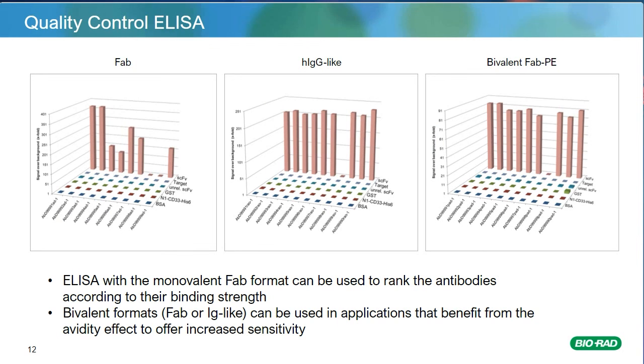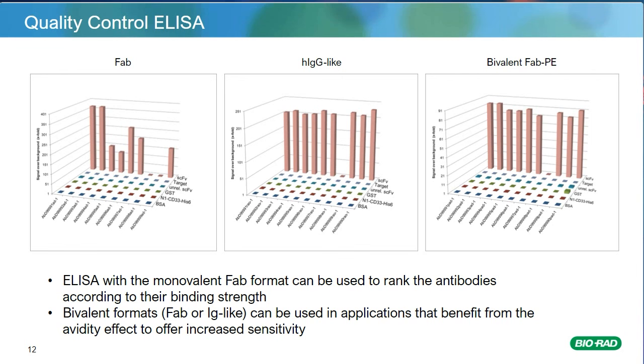As standard with all our projects, we would perform a final quality control ELISA. This is done on all the antibodies produced and in all formats that they are converted to. So for this project, we could look at all the clones in Fab formats, the IgG-like format, and the bivalent Fab PE format. The ELISAs are performed against the scFv of interest, the drug target, unrelated scFvs, and a range of control proteins.